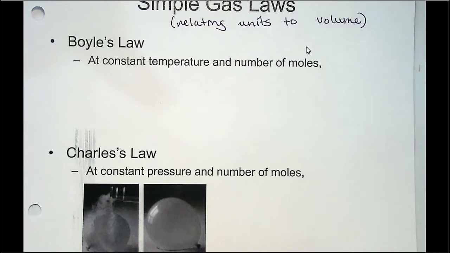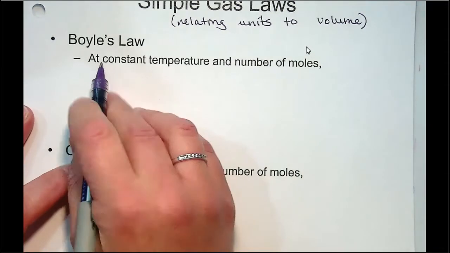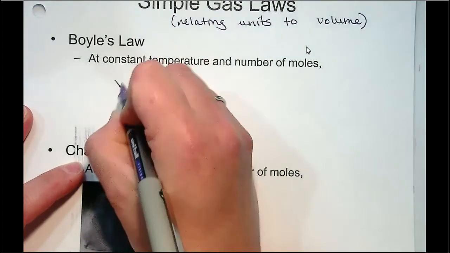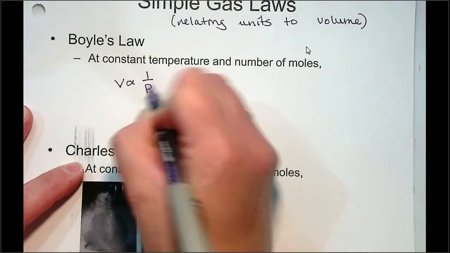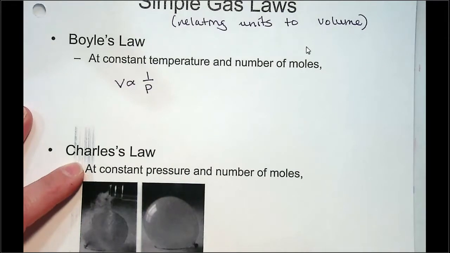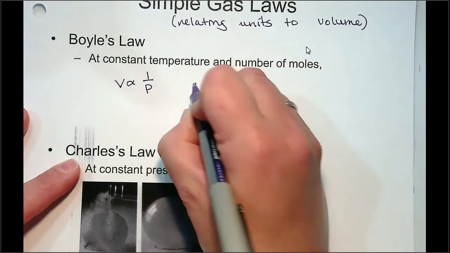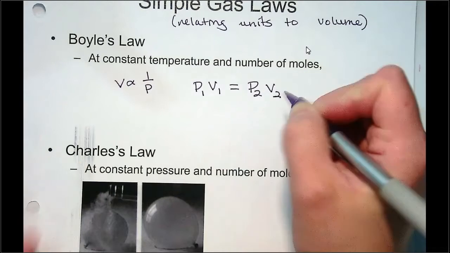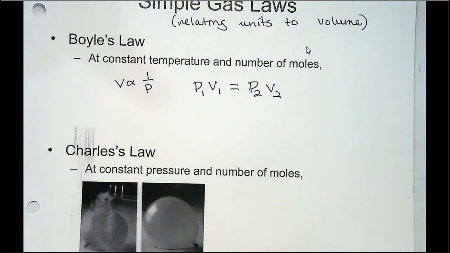Okay, so what this says is that at constant temperature and number of moles, the volume is directly proportional to the inverse of pressure. So we can write a simple gas law, which is P1 V1 equals P2 V2. Kind of looks like a dilution equation. But basically this is saying that as you raise the pressure, the volume goes down.